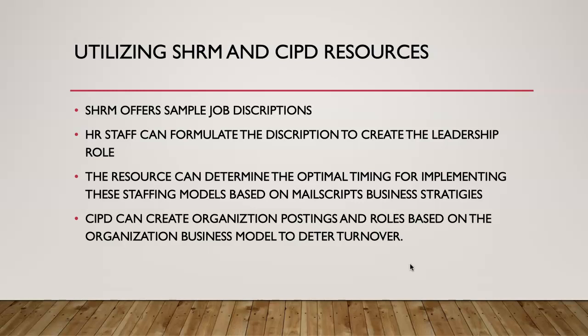The CIPD can create organizational postings and roles based on the organization's business model to deter turnover. Essentially, it uses technology to understand the role, who would fit the role, what kind of background, education, experience they might need, and simply create the organizational description of that role and also how to go out and hire for it.